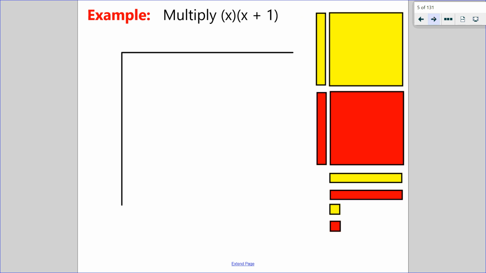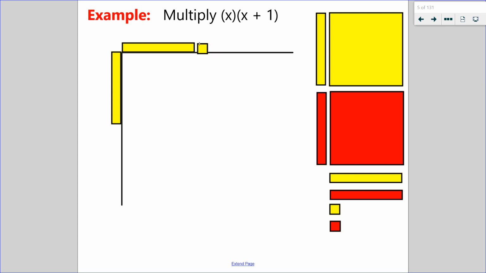If I want to multiply x by x plus 1, I'm going to take x and place it along one side and then x plus 1 along the other. Now you can call whatever color positive or negative, but since Miss Shu's favorite color is yellow, I'm going to say that yellow is positive. So here's x, and then along the top I'll put an x and a plus 1.